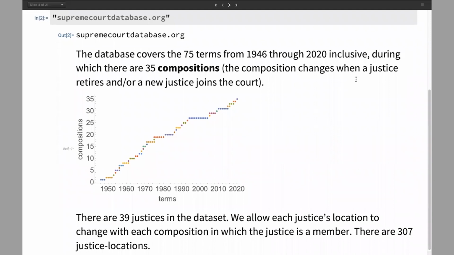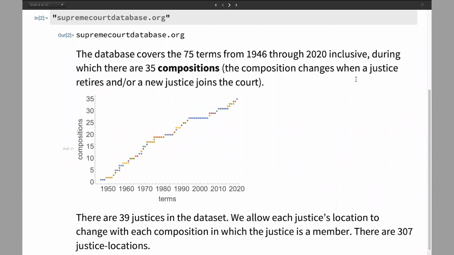In any event, we're going to focus on compositions rather than terms. A composition is just what it sounds like: whoever's on the court. If somebody leaves or somebody joins, the composition changes. What you can see in this picture is how many terms a composition takes. There's a total of 35 compositions over the 75 years.